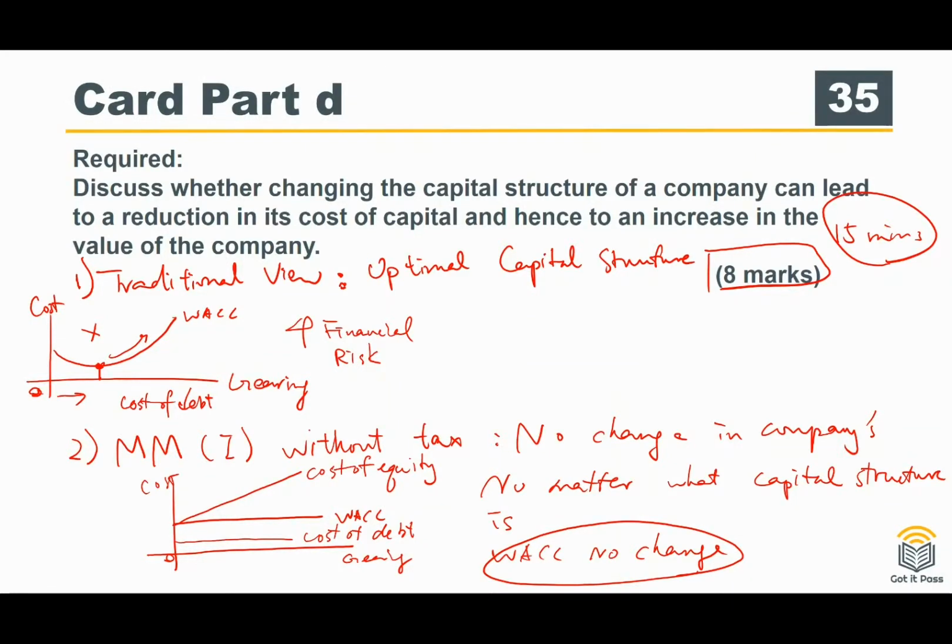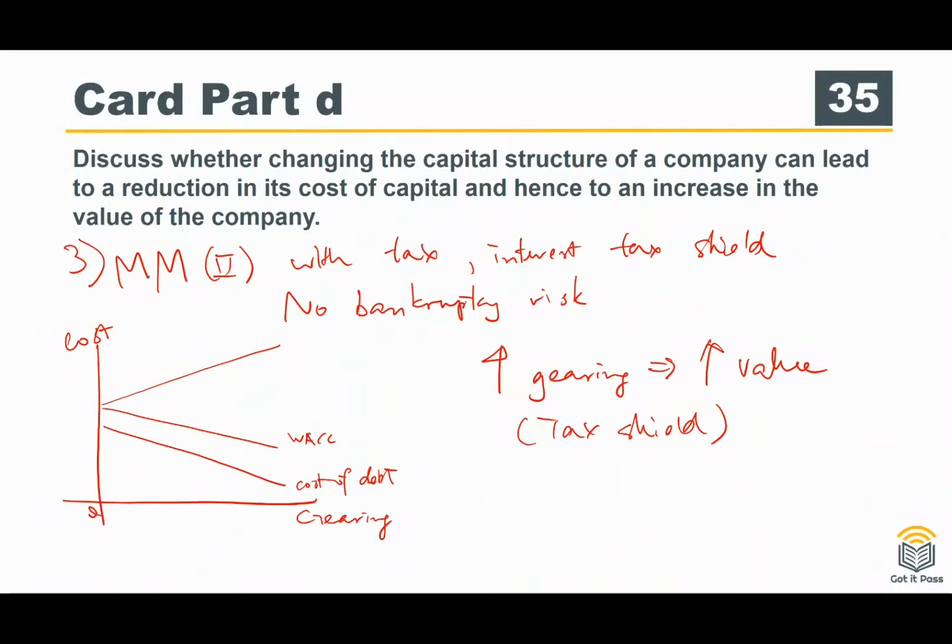For M&M1, proposition 1 without tax, the capital structure is irrelevant to the company's value based on my explanation. And for M&M2, if with tax, then the interest tax shield is the benefit to a company in which it helps to lower the WACC once the gearing is up and the value is increasing as well.